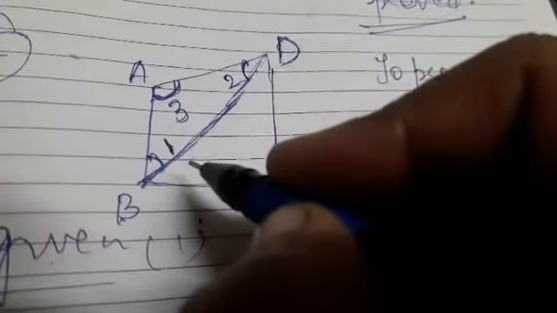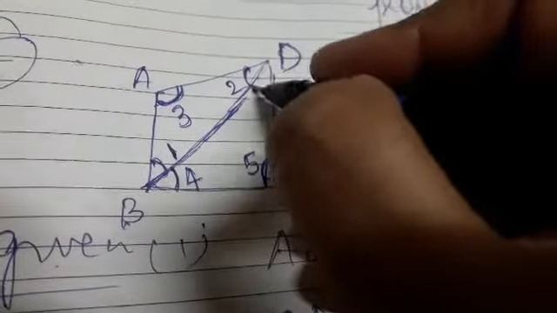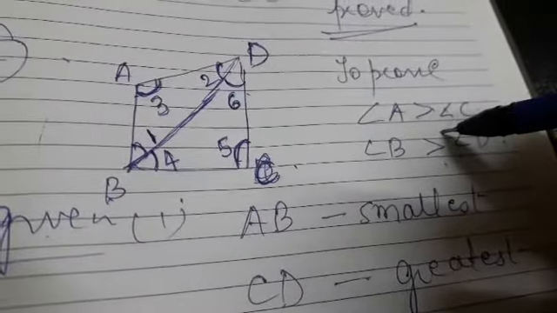Suppose I number this as 1, this as 2, this as 3, here as 4, and 5 and 6. Let's see which statement we'll be able to prove over here, and then we go to the next one.